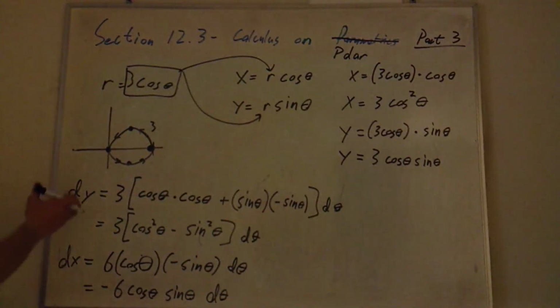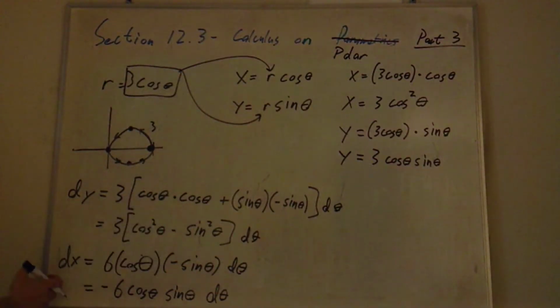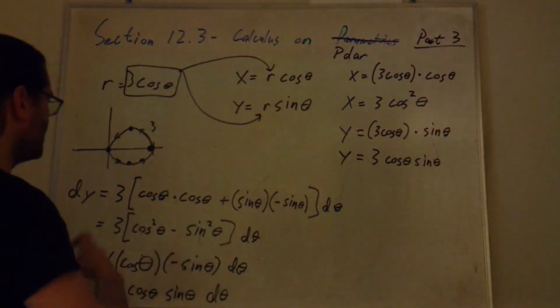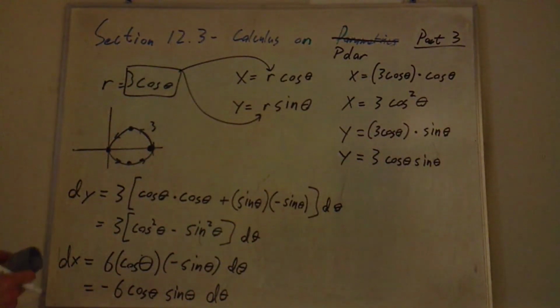So we have the derivative of y, that was product rule business. The derivative of x, that was chain rule business. That's pretty much always going to happen. You've been warned. At this point, I just need to find some space to divide the two.